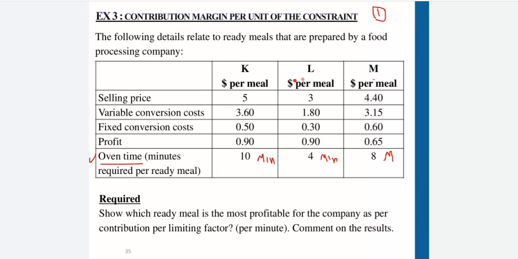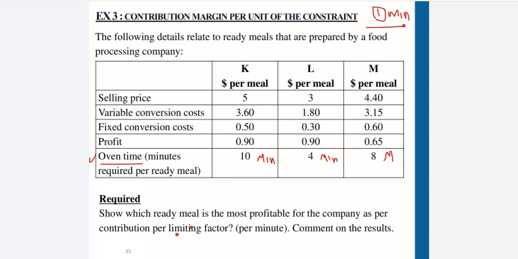In 1 minute, which unit will be more profitable per minute? Okay, so what should we do? The requirements are the same.